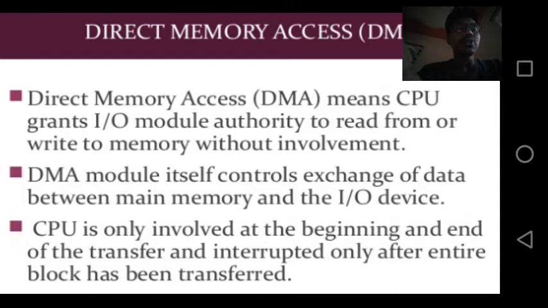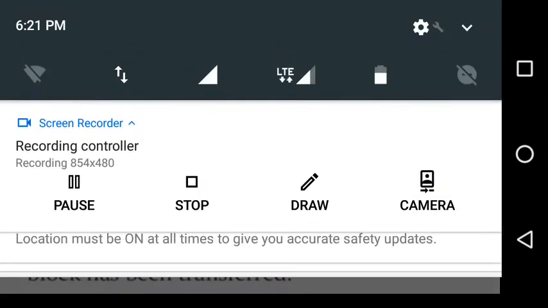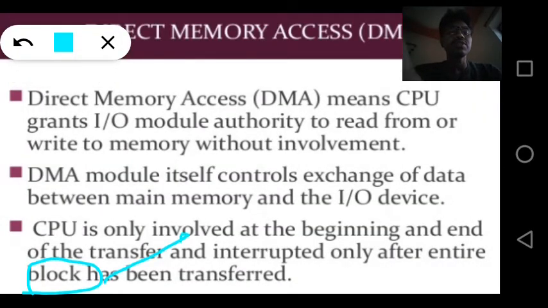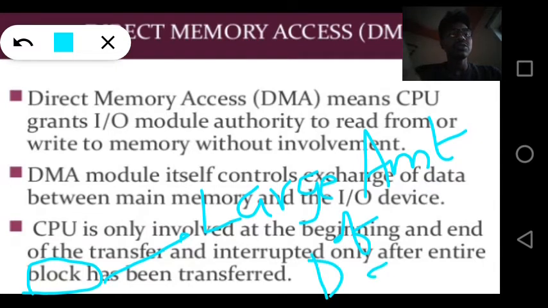The CPU is only involved at the beginning and the end of the transfer, and is interrupted only after the entire block has been transferred. The entire block means a large amount of data.